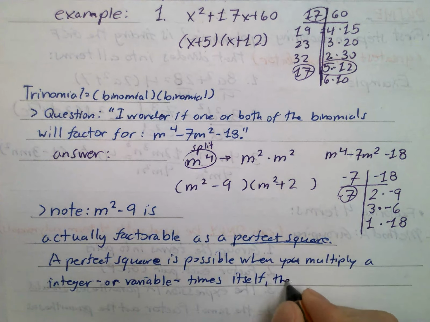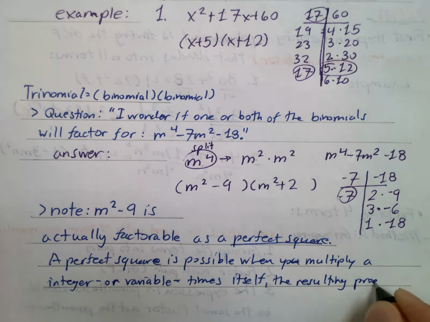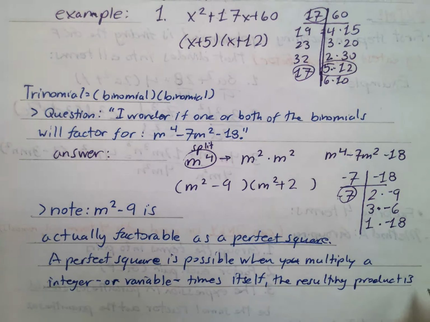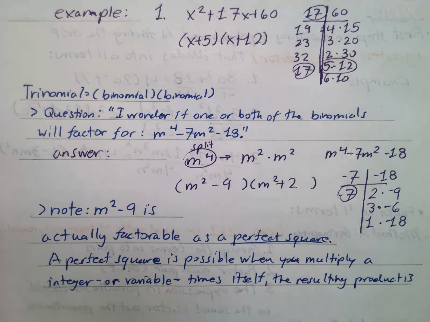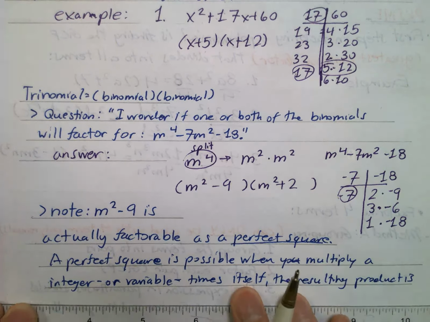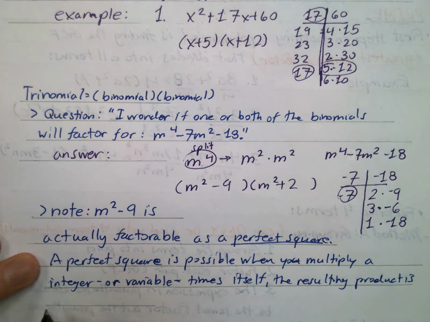The resulting product is called a perfect square.